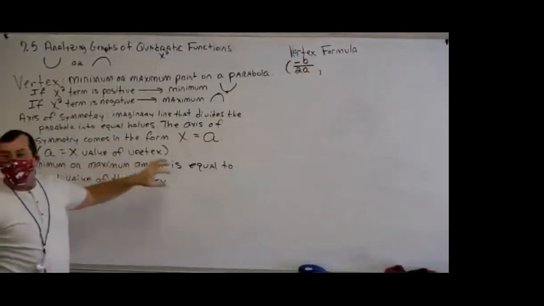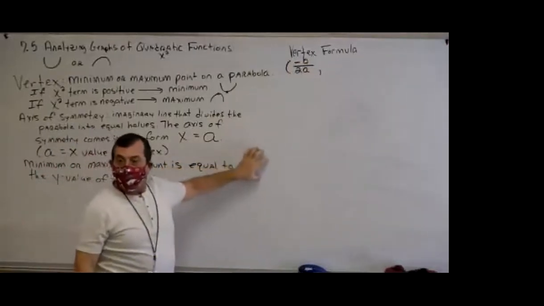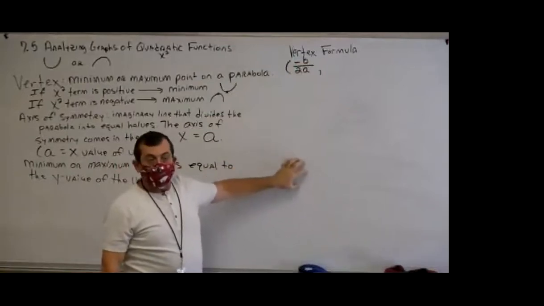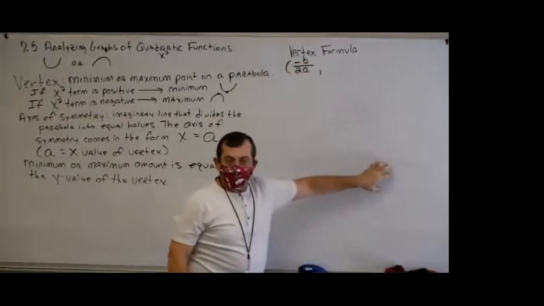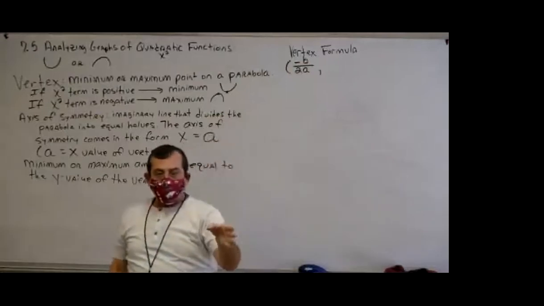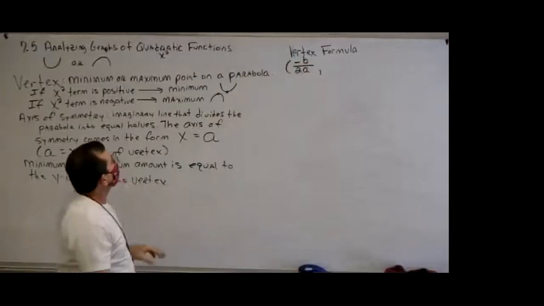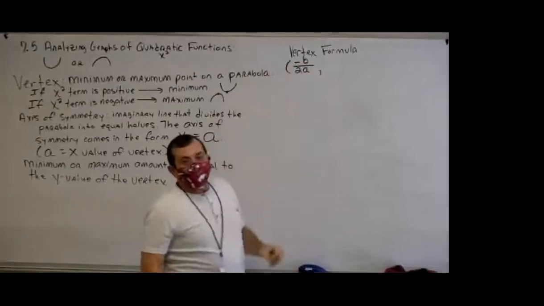The x squared term will give you the a, whatever number's in front of the x squared. The x in the middle will give you the b term. The number at the end will be the c, because remember, these will be an x squared plus or minus x plus or minus some number. Okay? So it gives me the x value.